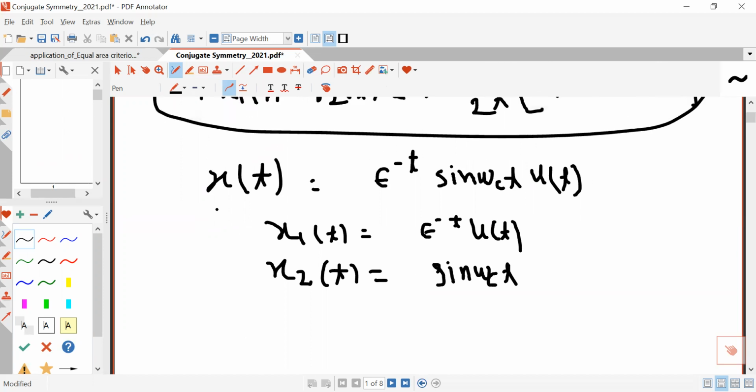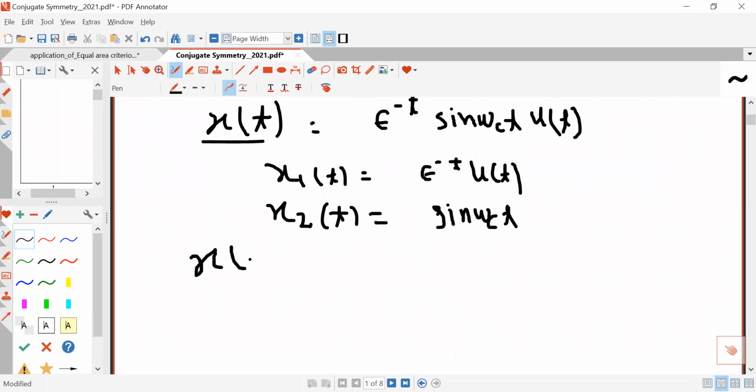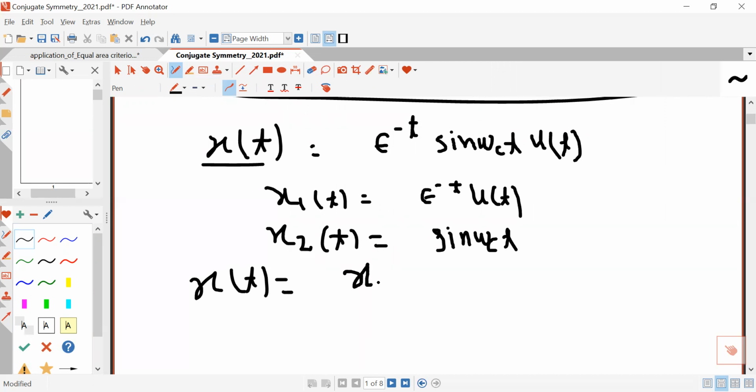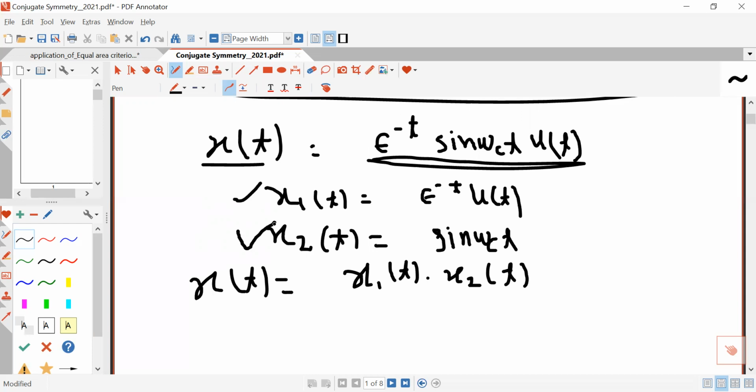Then this x(t) will be the product of x1(t) and x2(t). So this signal is the product of two signals. One is e to the power minus t u(t) and another one is sine omega_c t. Now, if you know the Fourier transform of this and this, then using the multiplication property, you can determine the Fourier transform of their product.